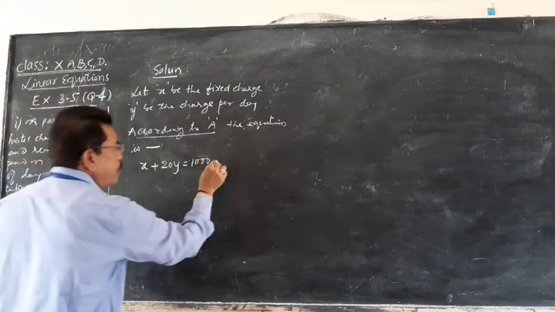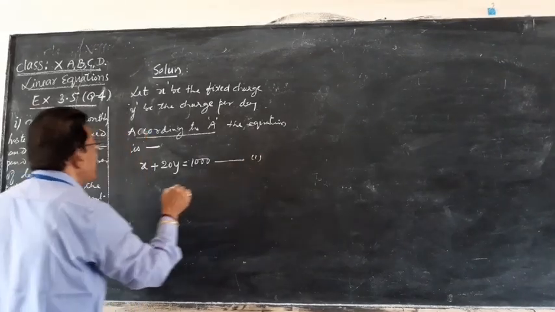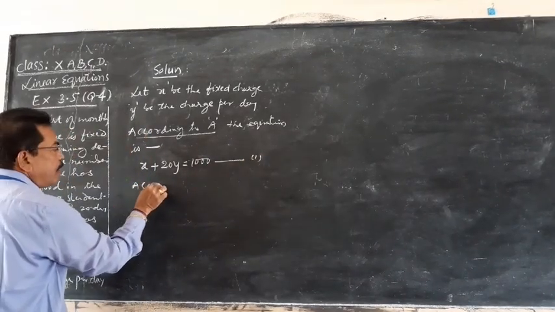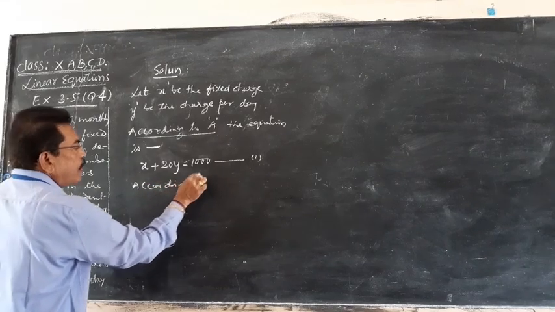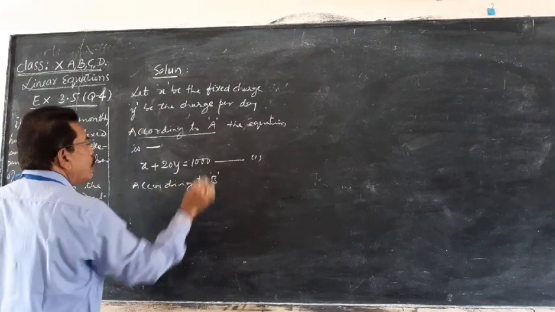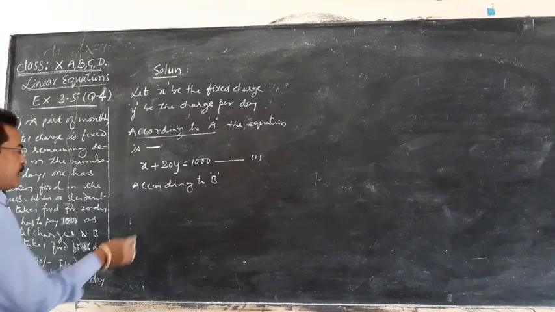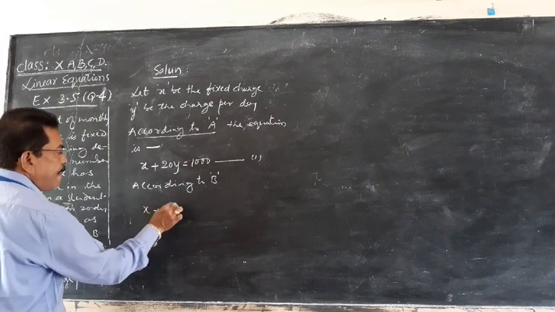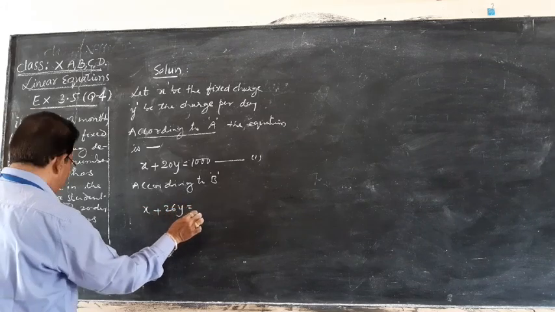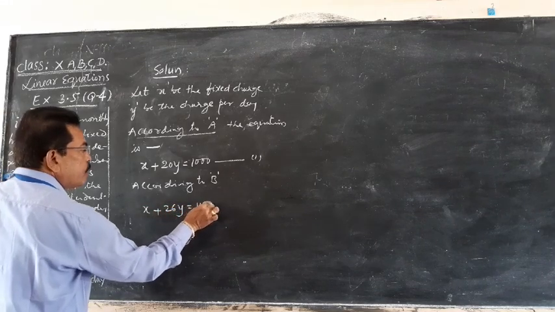Okay, this one is equation 1. According to B, food 26 days, he has to pay 1180.